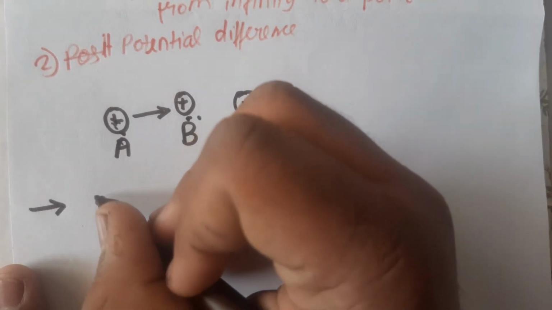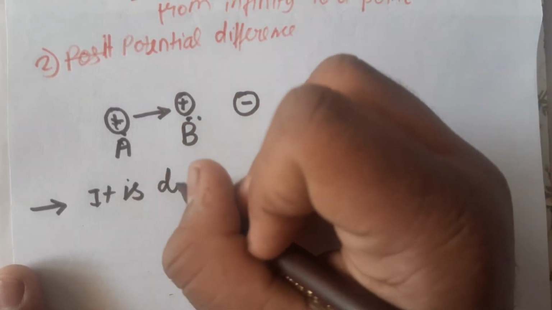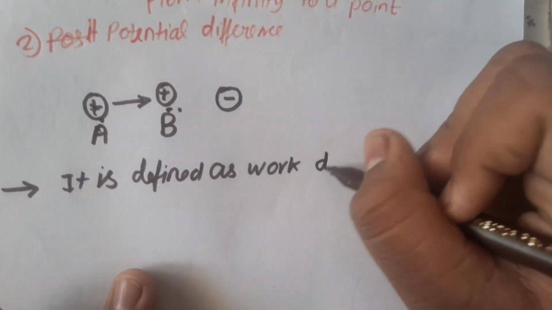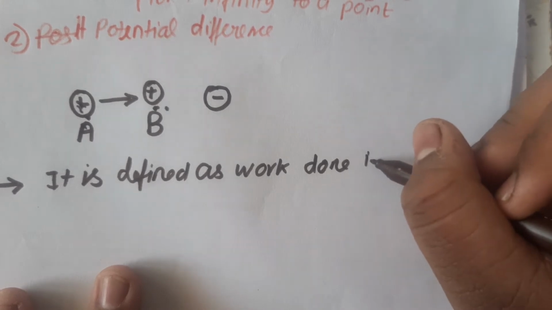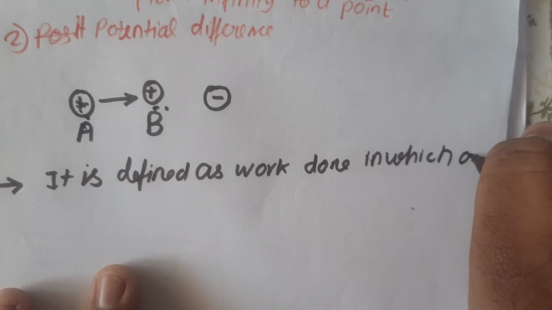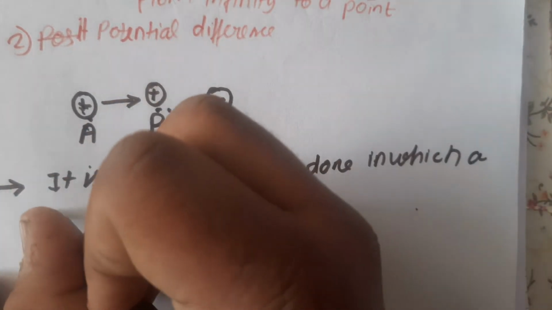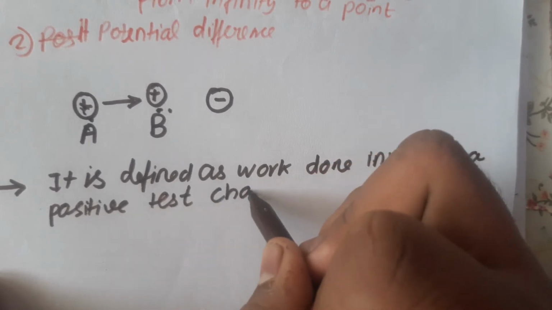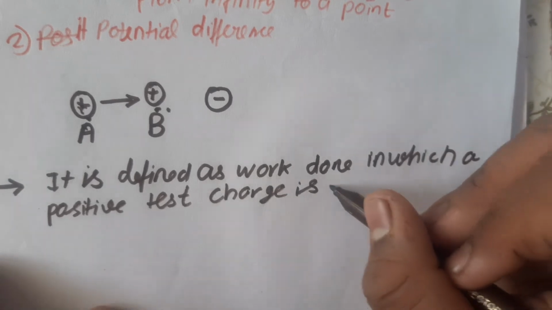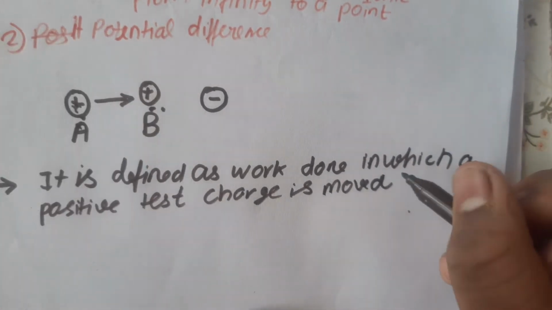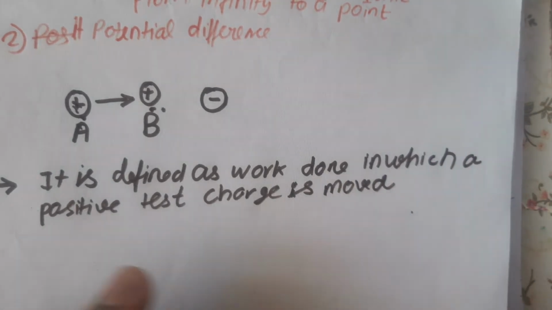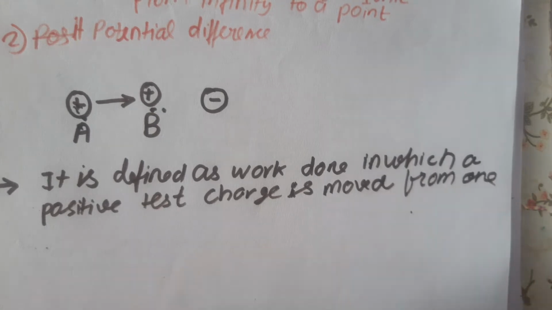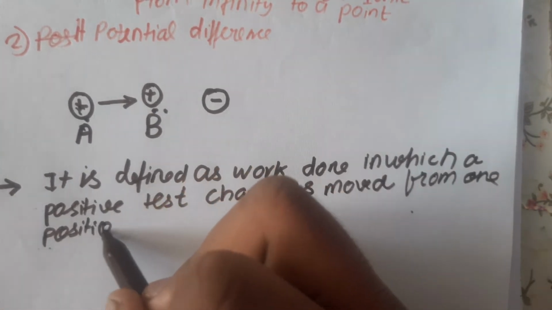The electric potential difference is defined as the work done in which a positive test charge is moved, or brought, from one position to another. Moved is a bit more sophisticated word, but you can use any word.